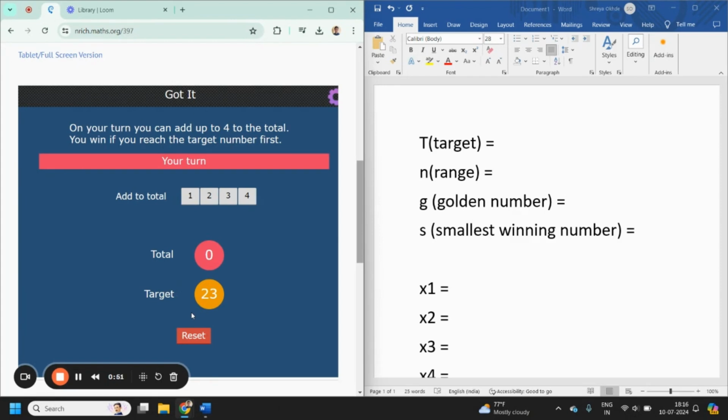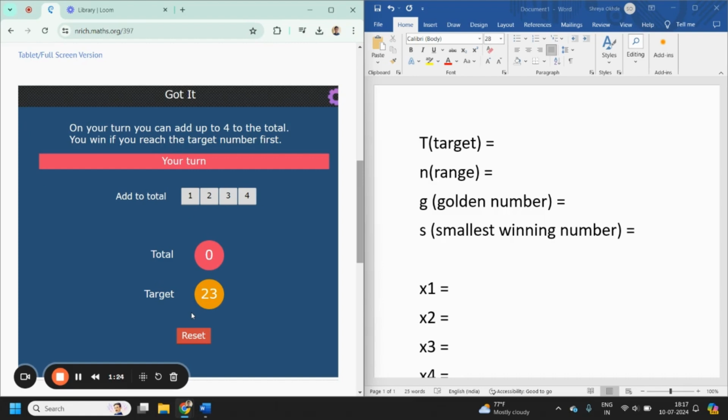I'll tell you how. The computer, I observed, was always defeating me when I got to 18. So when the computer got the total to 18, it means that if I would add any number from 1 to 4, like say 2, then the total would be 20, and then the computer could add any other number from 1 to 4, in this case 3, and get the target to 23.